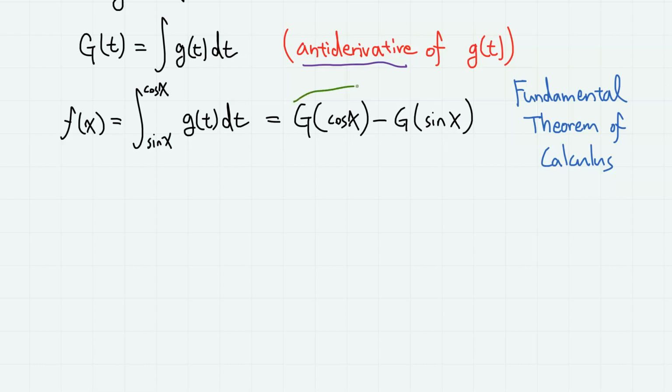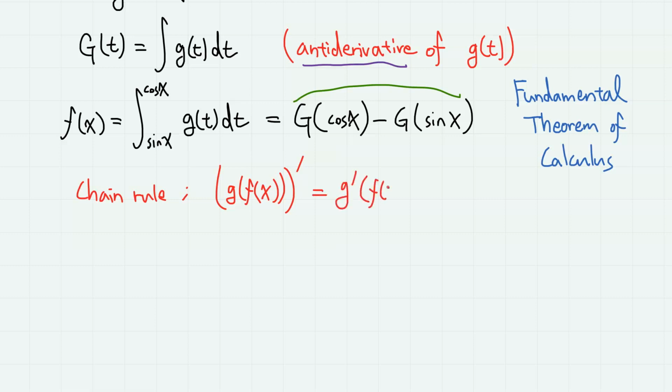Now we have to differentiate the right-hand side to obtain the derivative f prime x. And since this right-hand side consists of function composition, we need to apply the famous chain rule, which says the derivative of a function composition g of f(x) can be calculated as g prime of f(x) times the derivative of f(x).